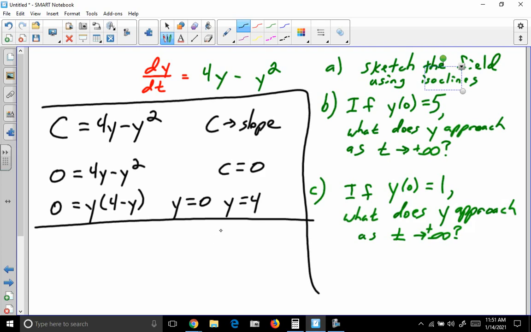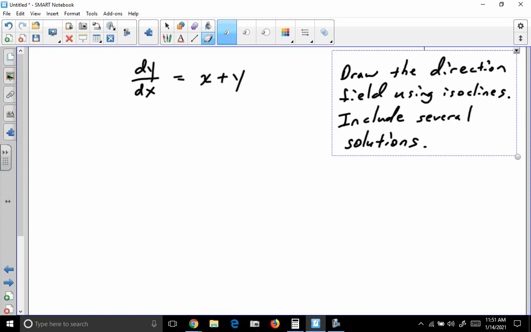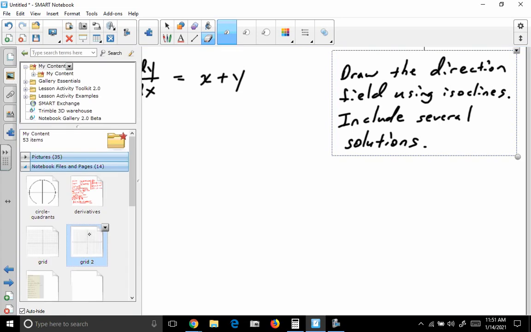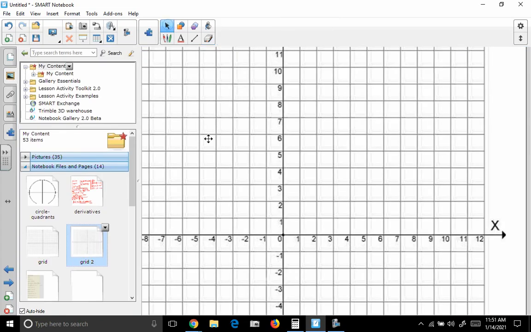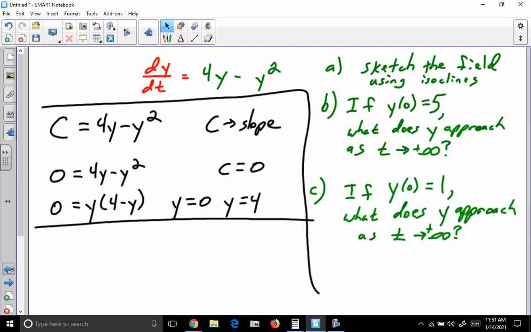Now we could do when c equals other values, or we could use different y values to get different slopes. So several different ways we could go about doing this. So let's see about pulling up some graphs here. So when y is 0 and when y is 4, we have a slope of 0.